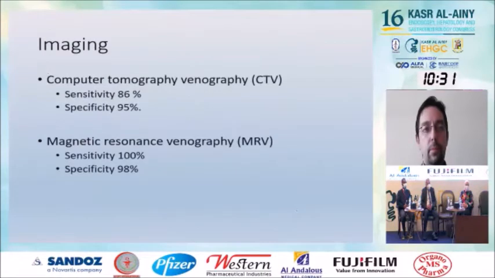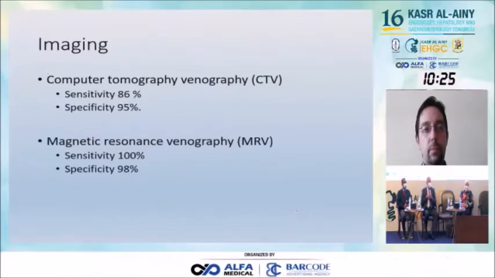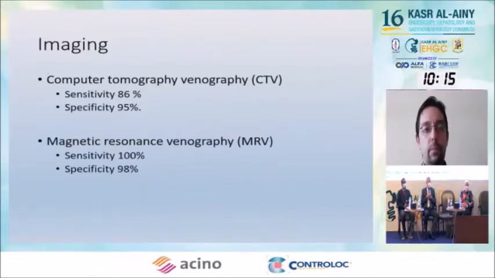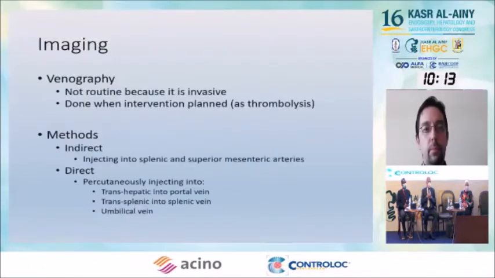Computed tomography venography has a sensitivity of 86% and a specificity of 95%. Magnetic resonance venography has a sensitivity of 100% and a specificity of 98%. In the past, direct venography was done.